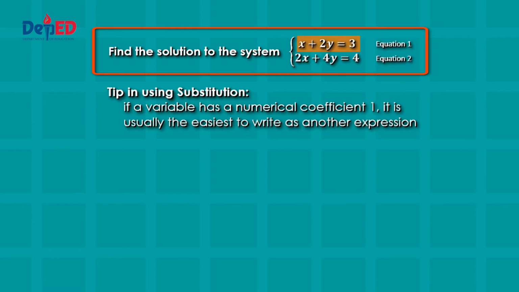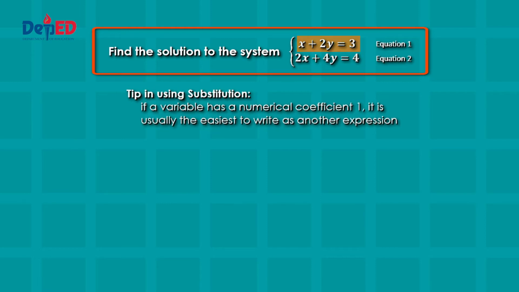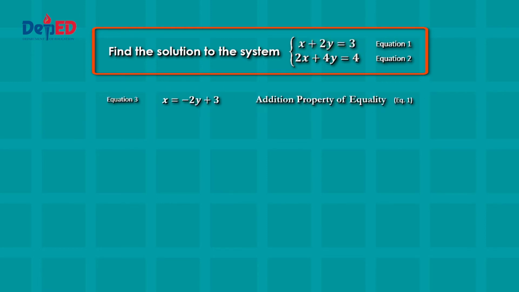In this case, the first equation, x plus 2y equals 3, can be written as x is equal to negative 2y plus 3 by the addition property of equality.